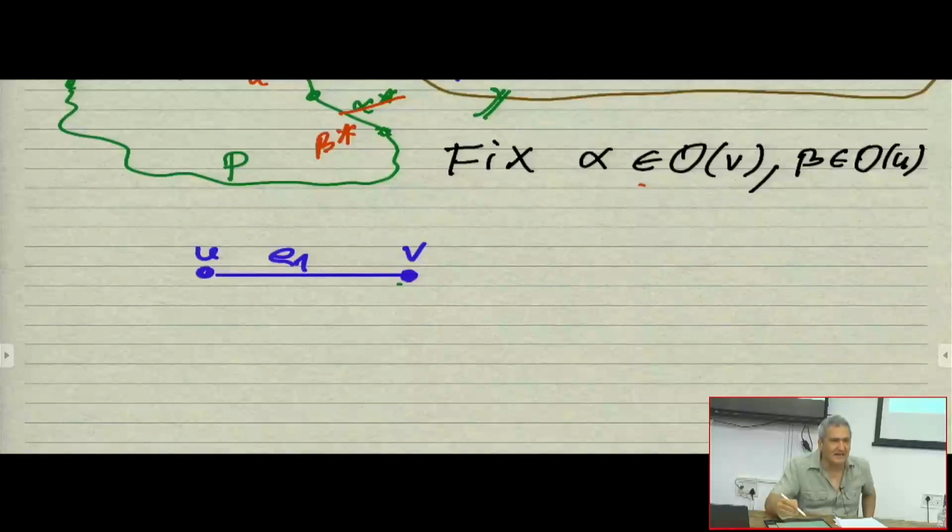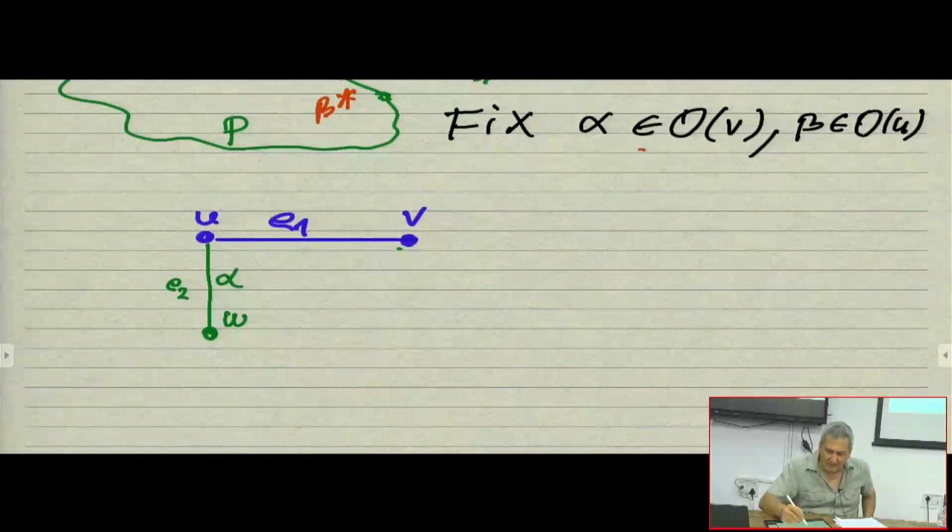It appears at U. Let's say this is alpha. Let's say this is HE2. And it is W. This vertex is W. It has color alpha. And we know that here some vertex must show up with beta.